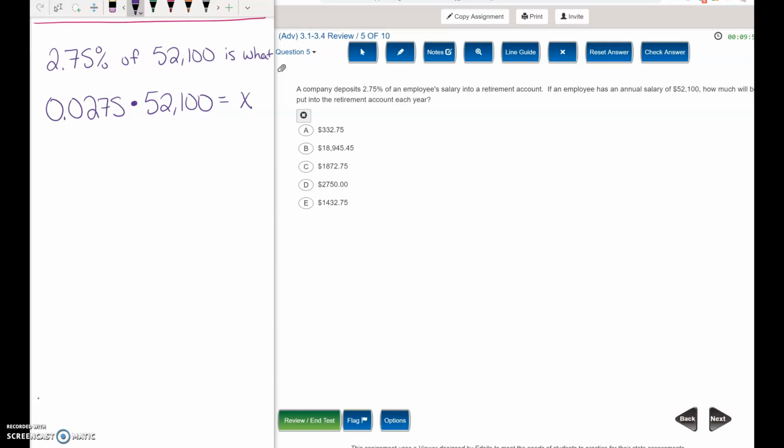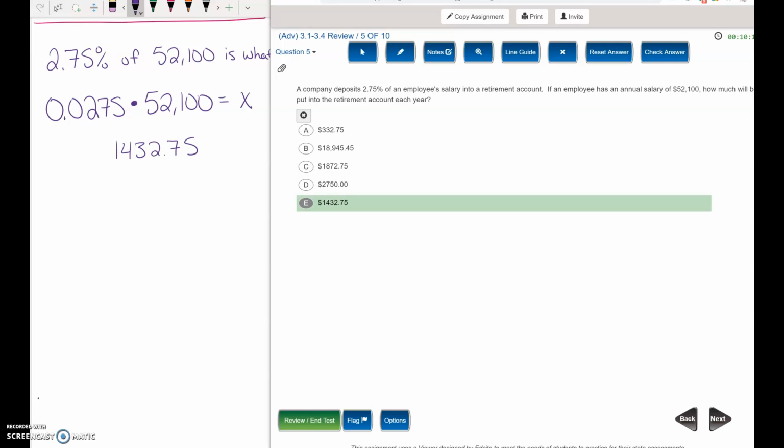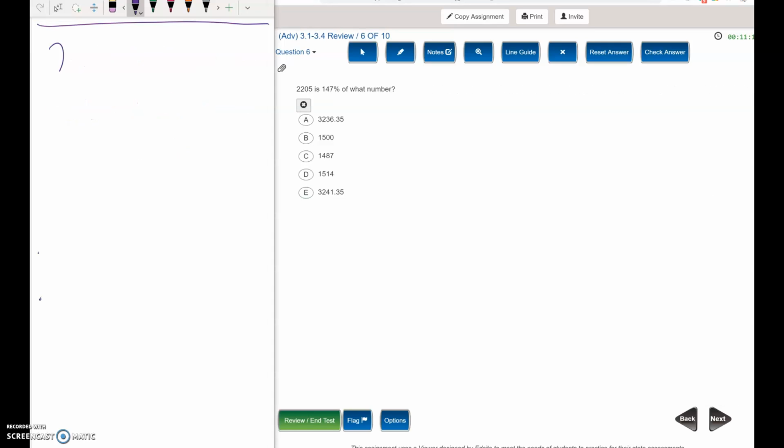So 0.0275 times 52,100. My calculator tells me 1432.75, which is one of our options. This one was confusing, I think, because of what the percent is. I assure you on the test, it is not going to be that kind of a crazy percent.